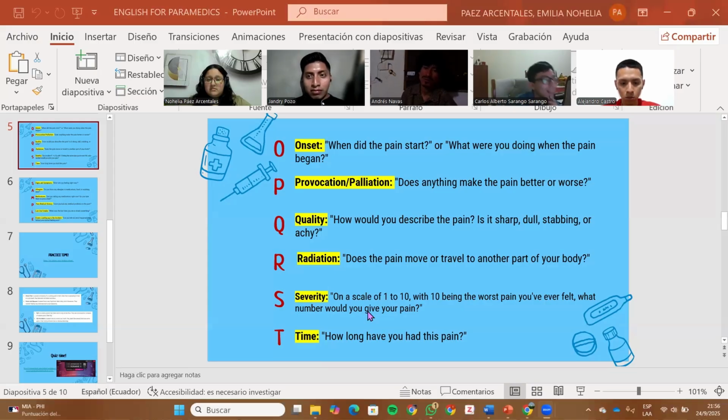Okay. And on a scale from 1 to 10, with 10 being the worst pain you ever felt, what number would you give your pain on that scale? In the hips, 10, 10, 10. And about the toes, maybe it's like 6 or 7, I think. And in the legs, 5.